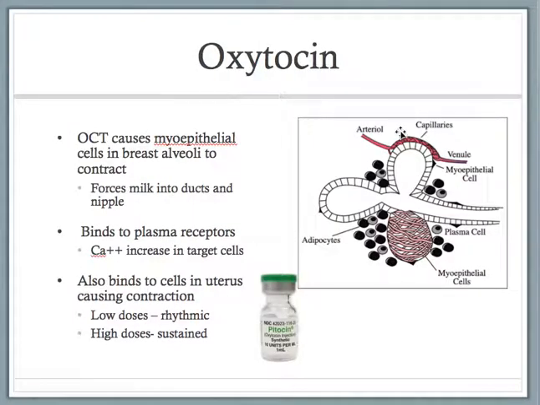Here is what these cells look like. So here's adipocytes or fat cells. Breast tissue is highly fatty, as you got to see in gross anatomy. Both males and females, it's fatty tissue. And then there are these myoepithelial cells, muscle epithelium, and here's these little acinar cells, essentially.